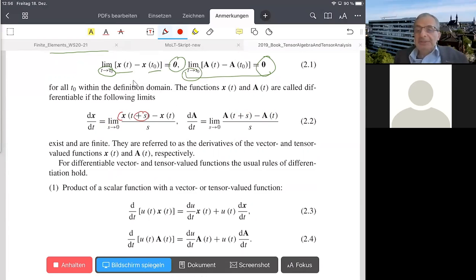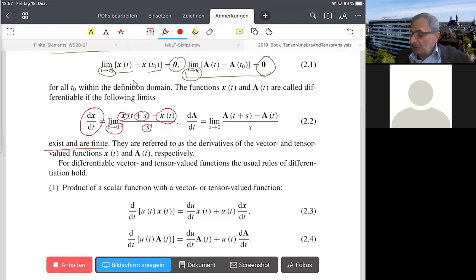Then we consider the difference with the initial vector value of the function, divide by s, and then set s equal to 0. This is the classical definition of the derivative, but adapted to vectors. It can be written also in this form, dx/dt, the derivative of this vector function with respect to t. And we assume, of course, that such a derivative exists and is finite.